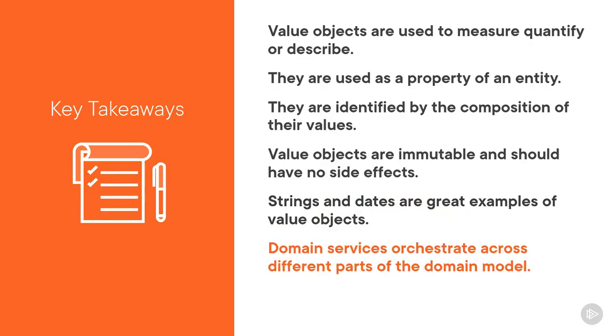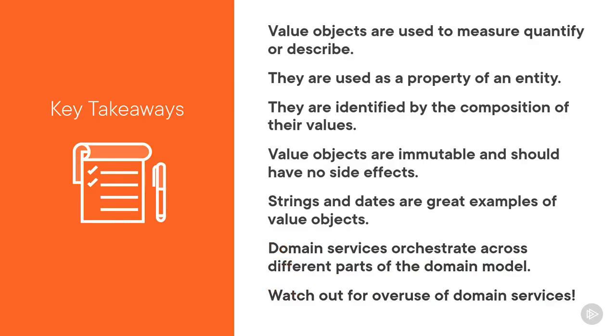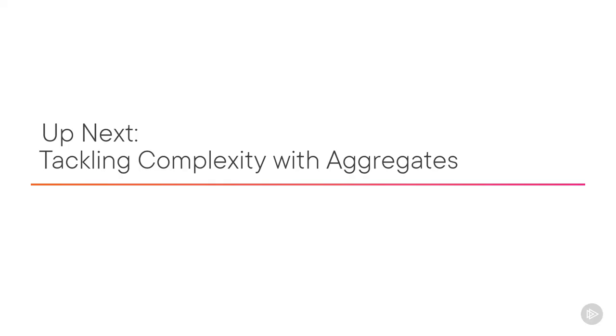Finally, we wrapped up the module by introducing domain services, which are used to orchestrate operations between different parts of your domain model. Remember that domain services should generally only be used if you don't have an entity or value object where the behavior makes sense. Overuse of domain services can lead to an anemic domain model. In the next module, you'll learn how to build aggregates from entities and value objects while respecting their relationships.